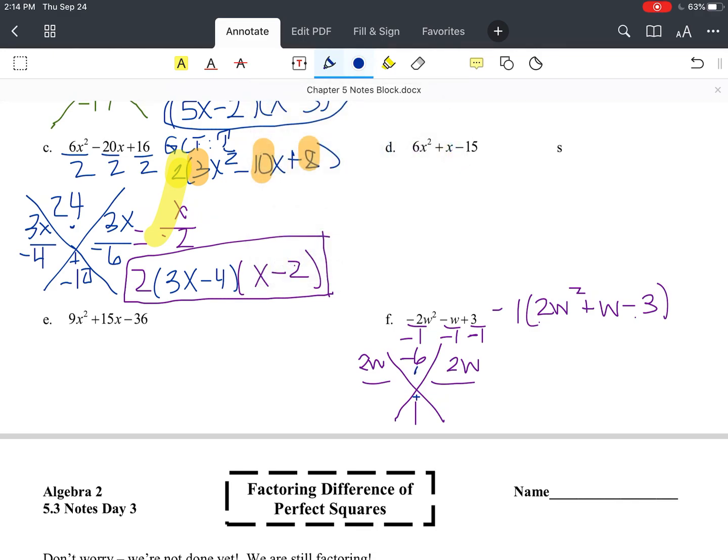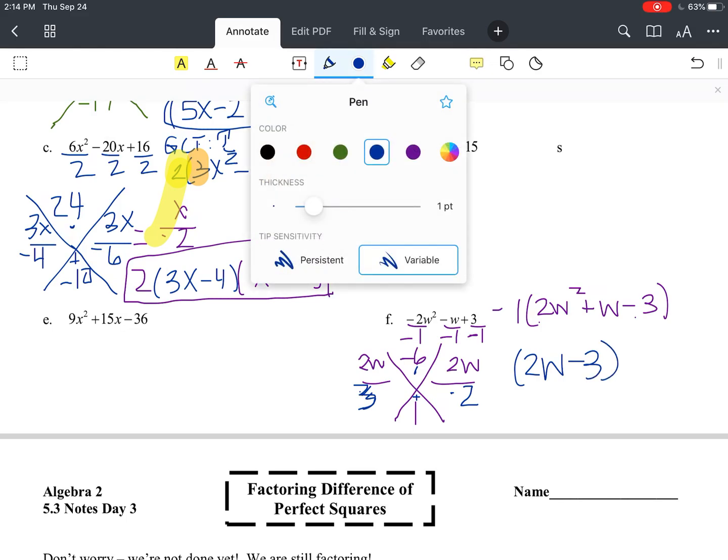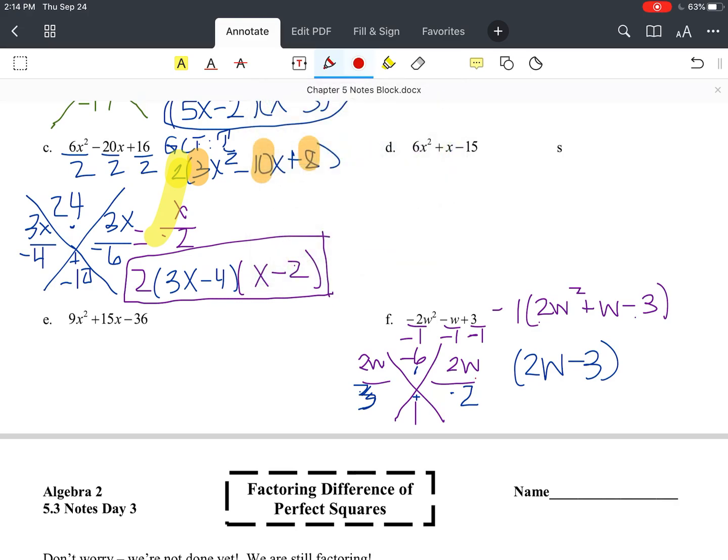Two numbers that multiply to negative 6 and add to 1 are going to be 3 and negative 2. 2w over 3 on the left doesn't simplify, so I'm going to be left with 2w minus 3. And on the right, 2w divided by negative 2 is going to simplify to w over negative 1.